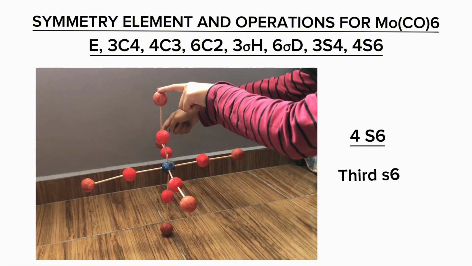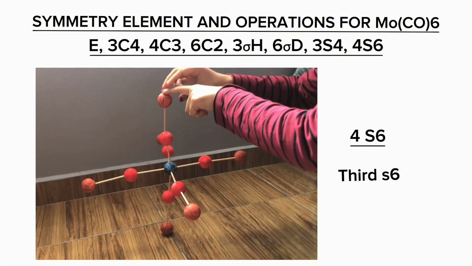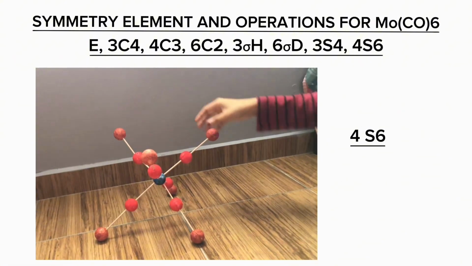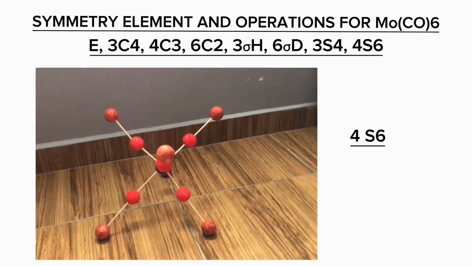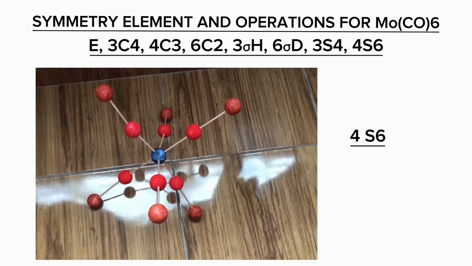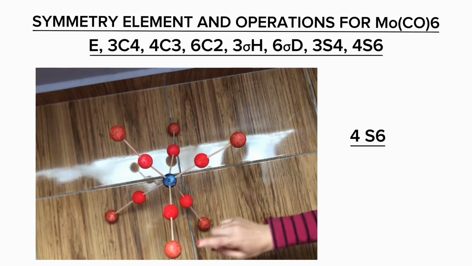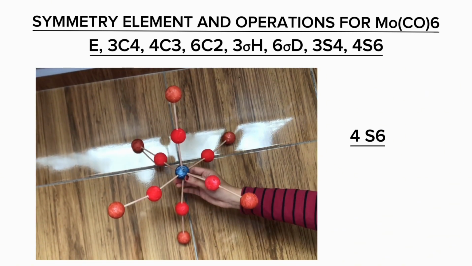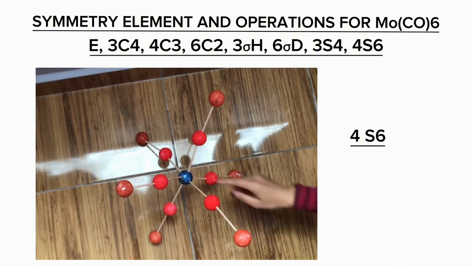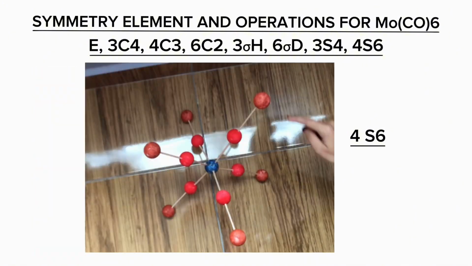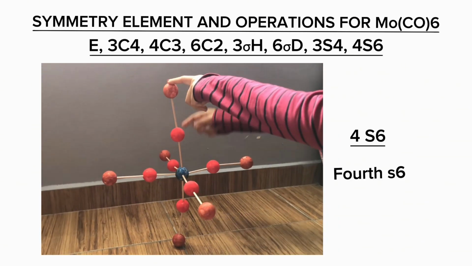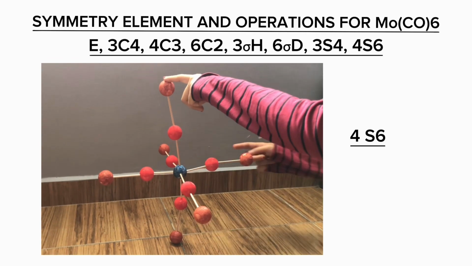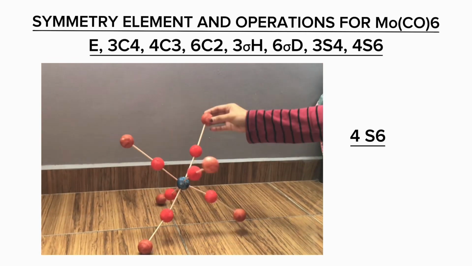I will repeat the same action for the third with another side of the triangle of the C3 axis. Here is the last triangle as tripod to indicate S6 from the C3 axis.